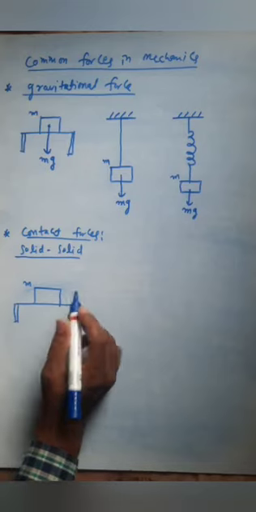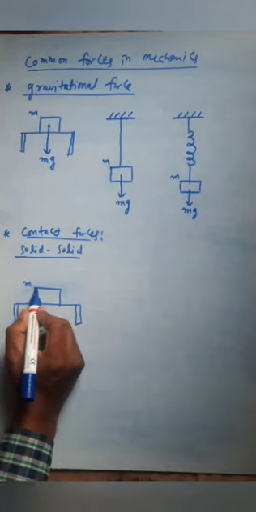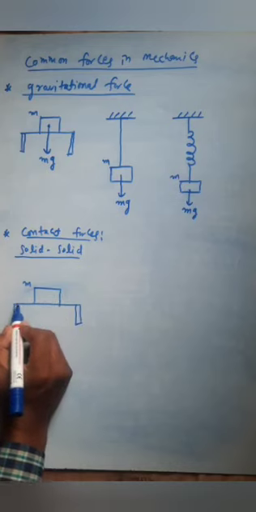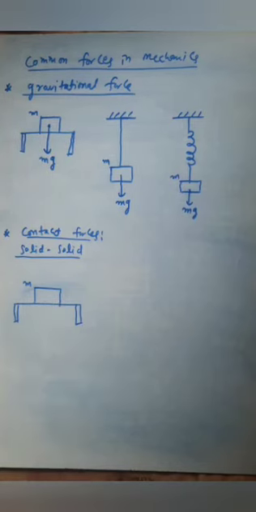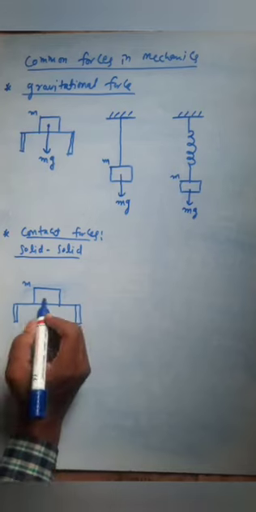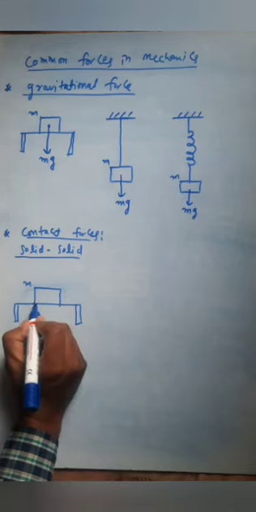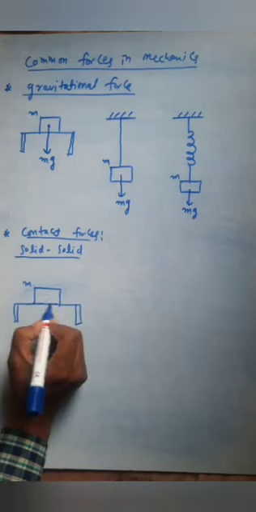The mass of the object is a solid, and the table is also a solid. If two solids are in contact, the component of contact force normal to the surface in contact is called the normal reaction force.